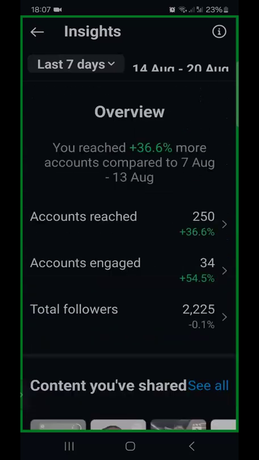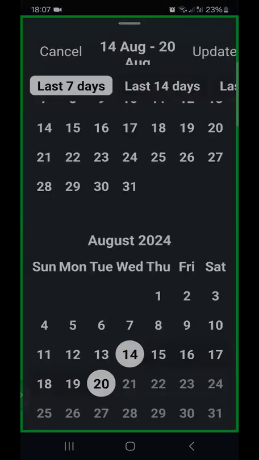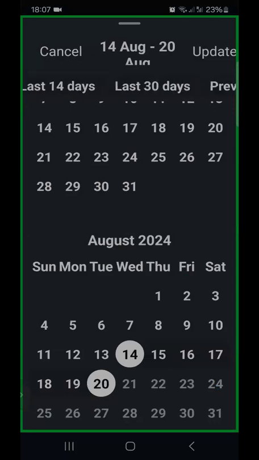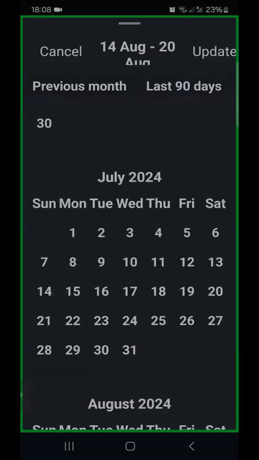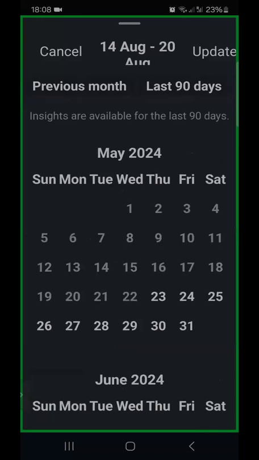And you can change the period of the insights that you want to see. The default setting is the last 7 days, but you can change it to the last 14 days, last 30 days, previous month, last 90 days. So you can see your insights for a maximum of 90 days.